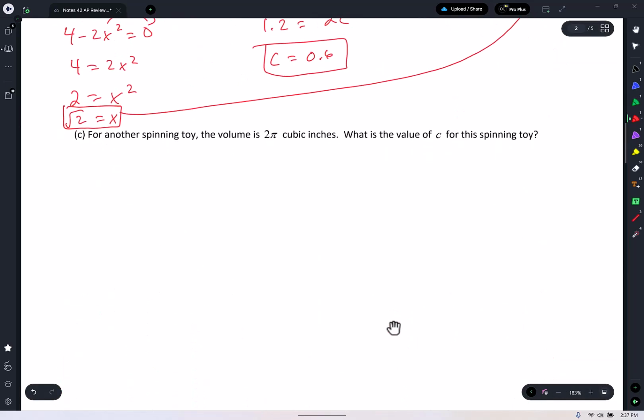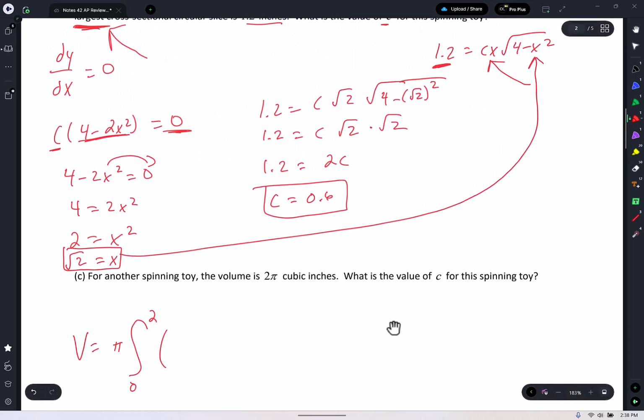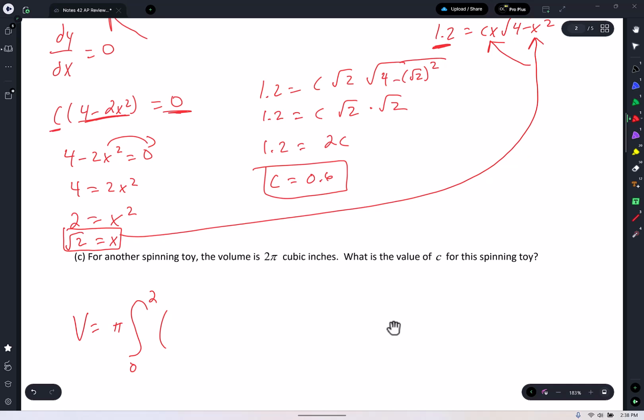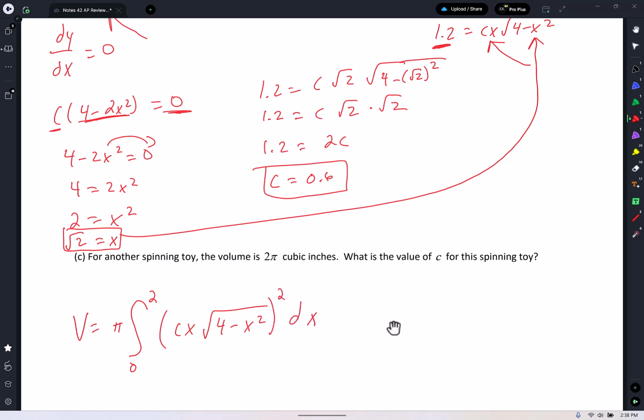So I'm going to go volume equals pi on the outside, integral from 0 to 2, open parenthesis, cx square root of 4 minus x squared, close squared dx. Pi r squared. There it is. Yes, that's my radius.